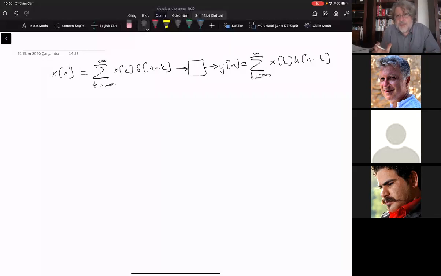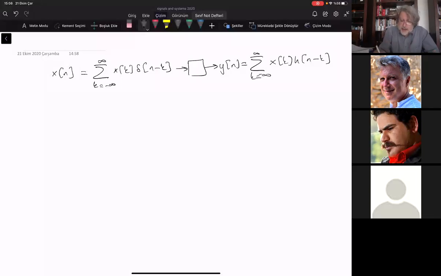Okay, so this is what we found. And we said that this is the convolution of x of n and h of n. That's how we developed the formula for convolution in discrete time.